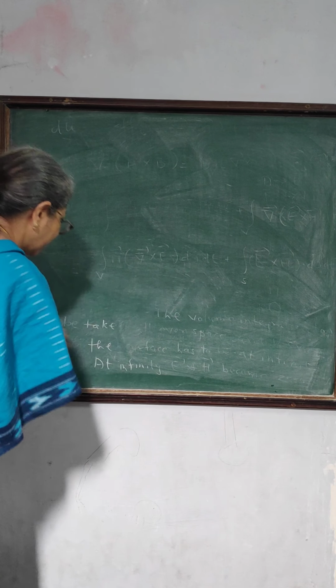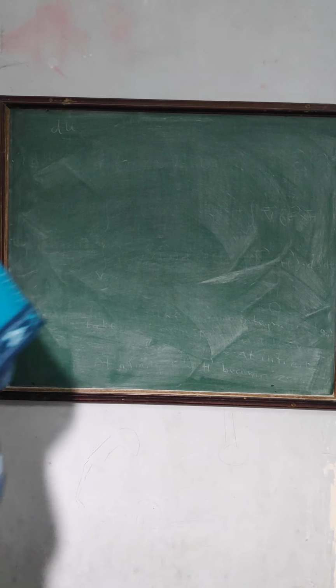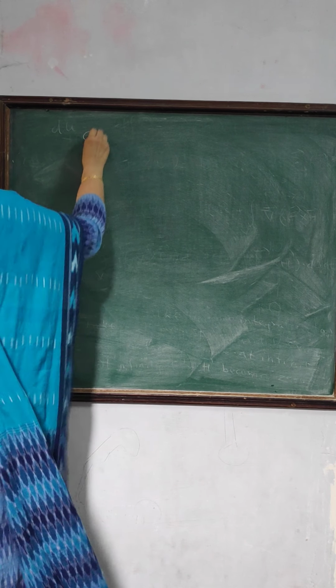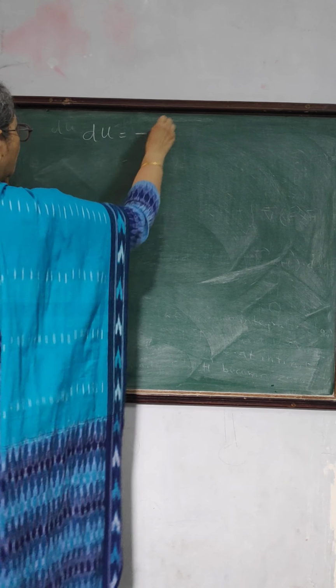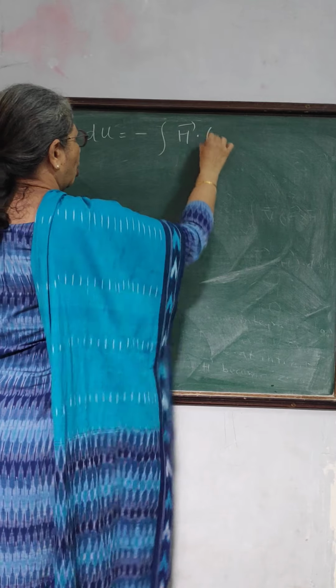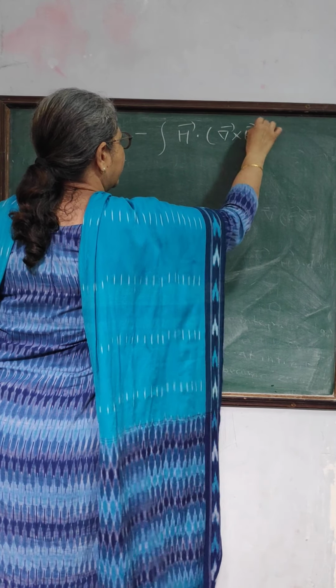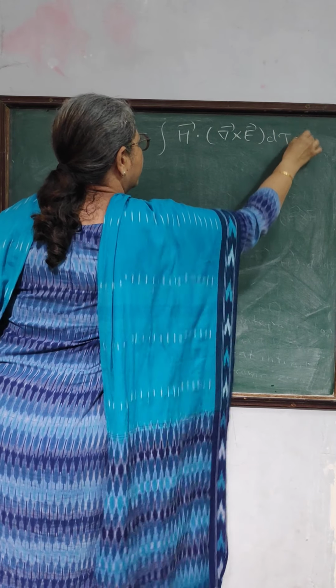So what remains now is du is equal to minus the integration of H dot del cross E d tau dt.